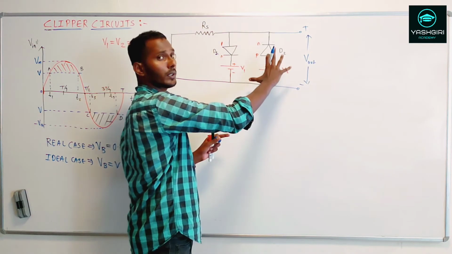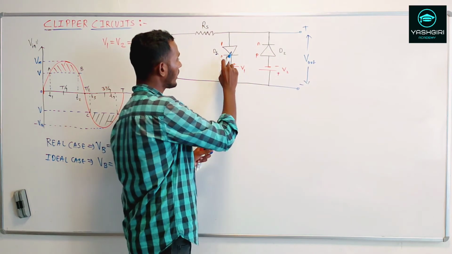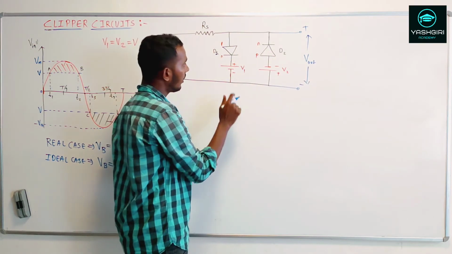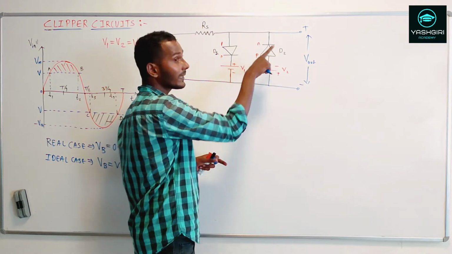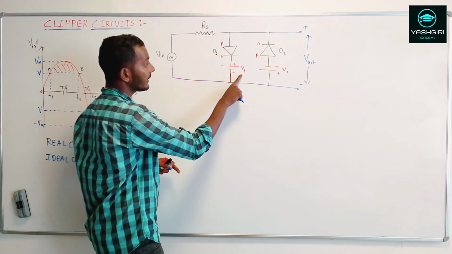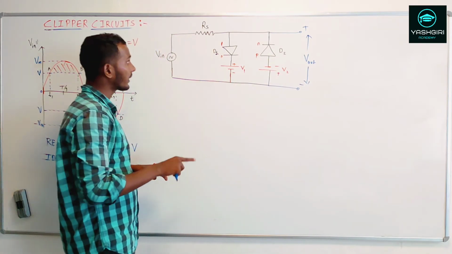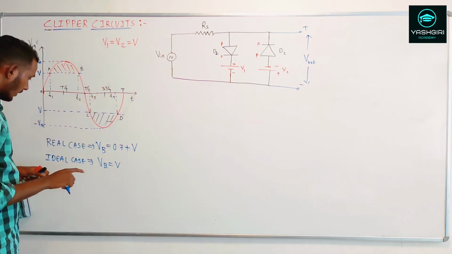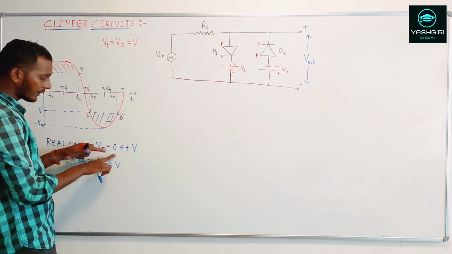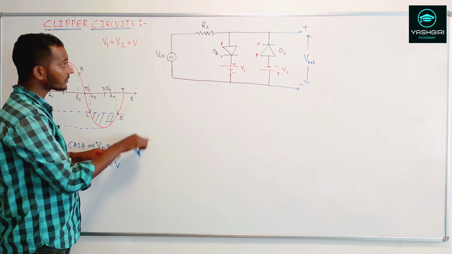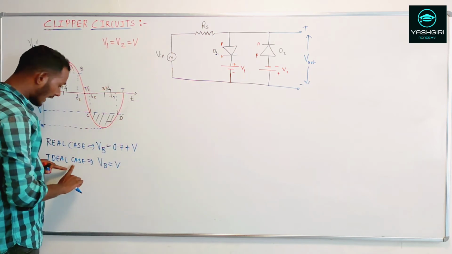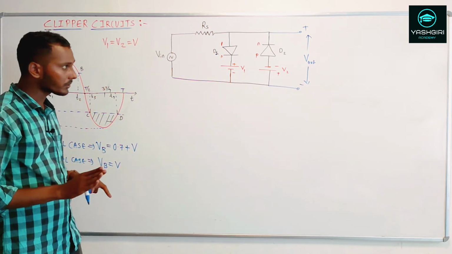Diode D2 also acts like a reverse bias, or else you can say the barrier potential of both diodes D1 and D2 has increased from 0.7 by V1 volts. Here V1 and V2 are equal to V. So for the real case, it will be 0.7 plus some V volts, and in the ideal case, it will be just V volts.